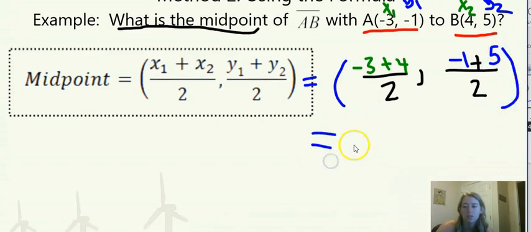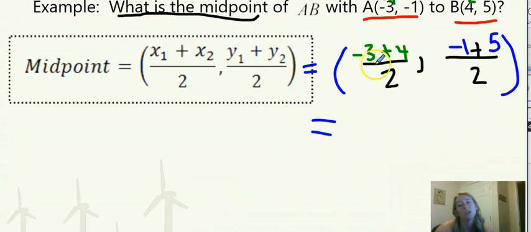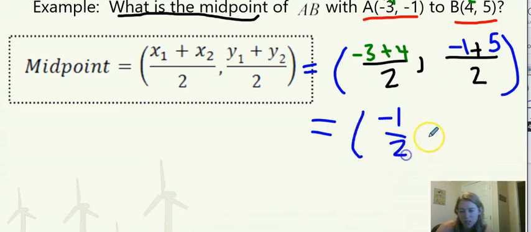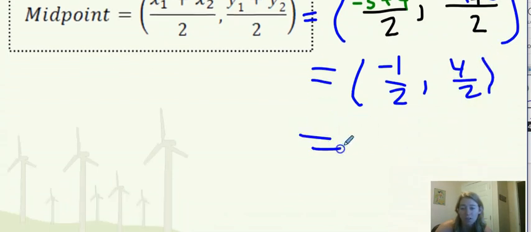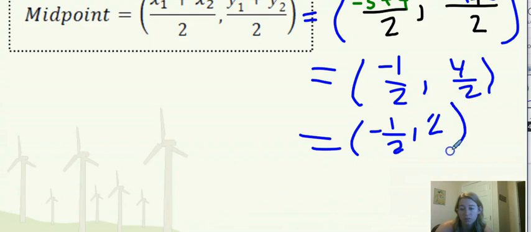And we're just going to simplify here. So -3 plus 4 gives us 1 over 2, which we can just leave as a fraction. And then we've got -1 plus 5, which gives us 4 over 2, and that one we're going to want to simplify. So we're going to have 1/2, comma 2. And that would be our midpoint.